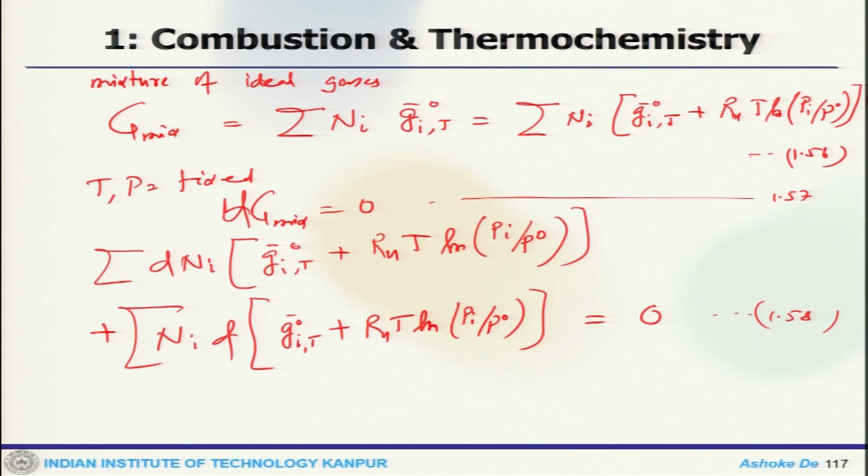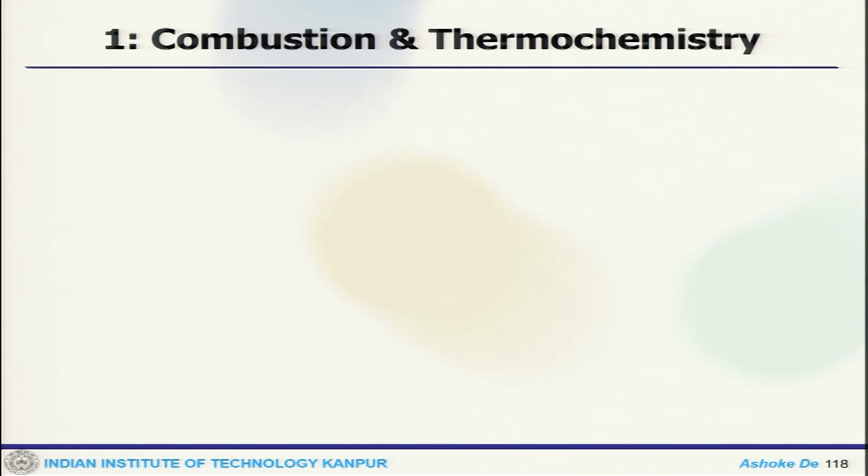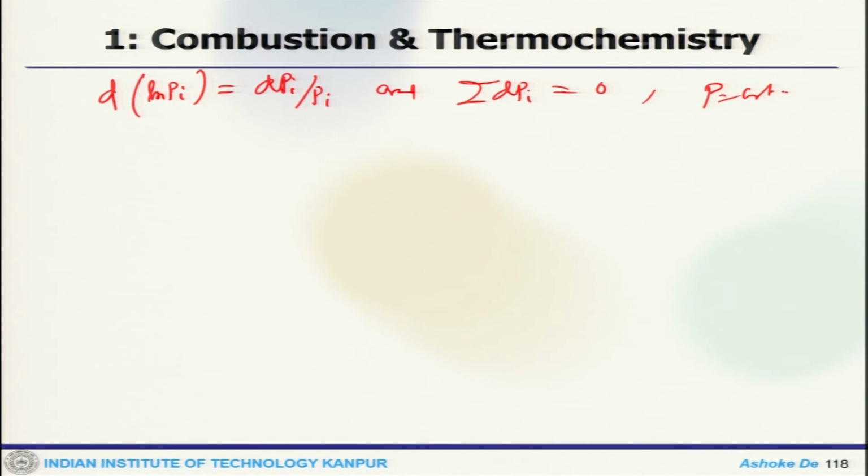Now, the second term in the last equation, essentially this term is 0 because d of ln Pi equals d Pi by Pi, and summation of d Pi is 0 because total pressure is constant.